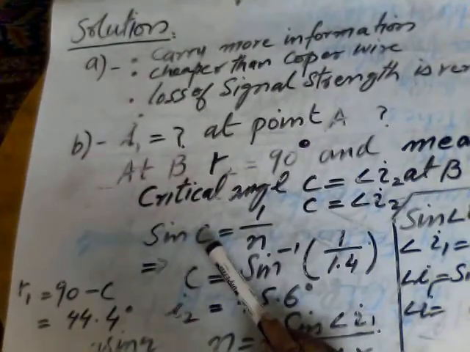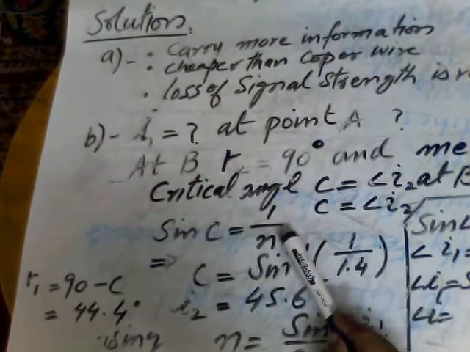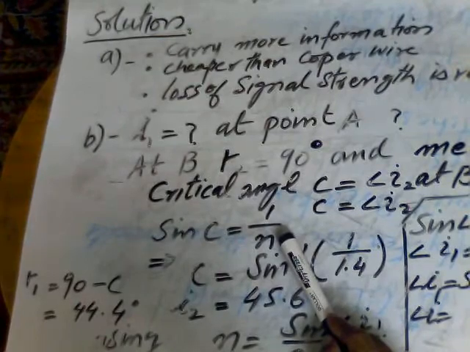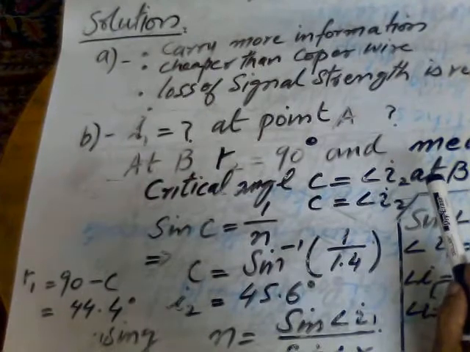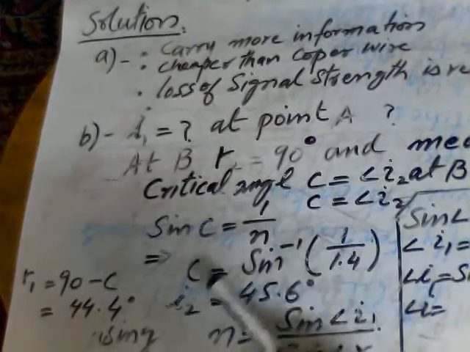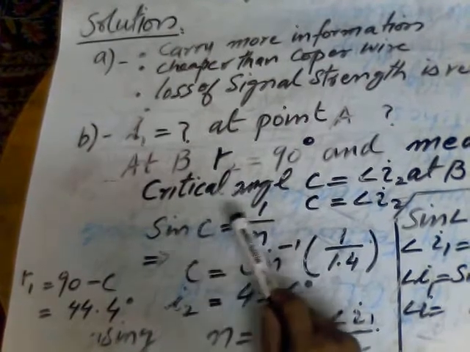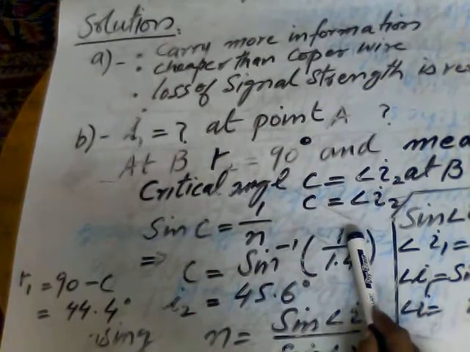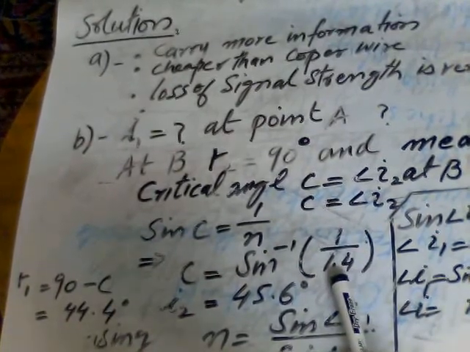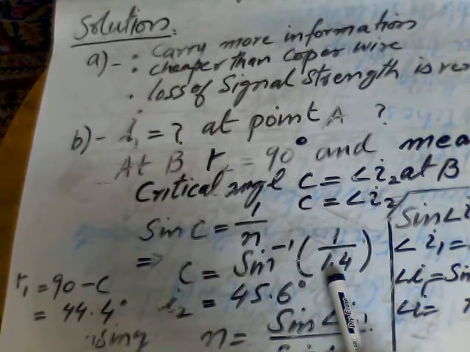Now here sin C is 1 over refractive index. This we are talking about point B. C is equal to sine inverse, this sine will be shifted to the right hand side, of 1 over n, where n is the refractive index of glass fibers.